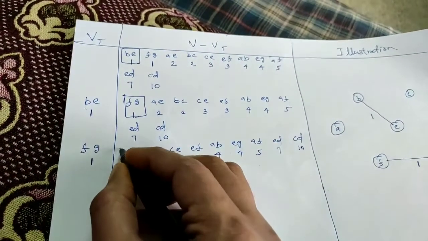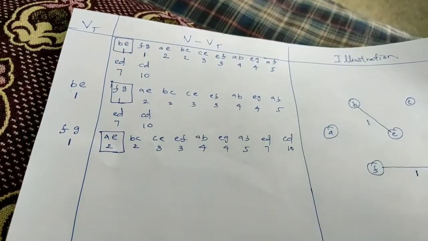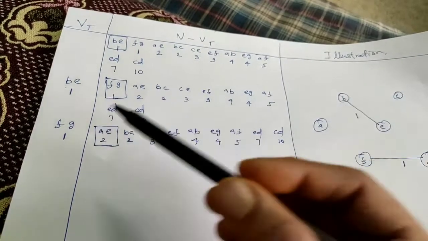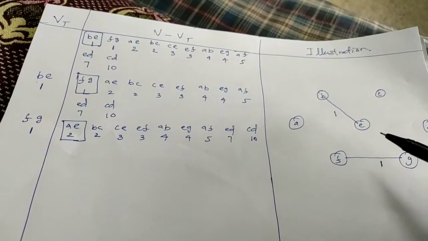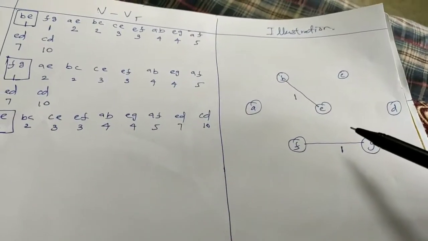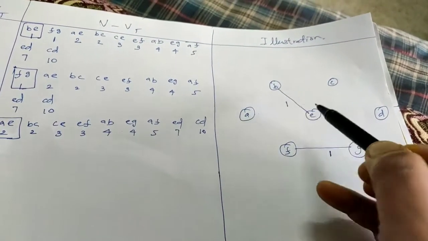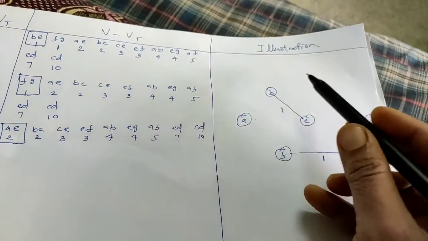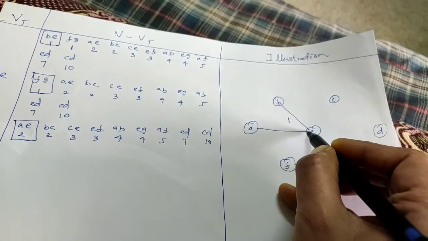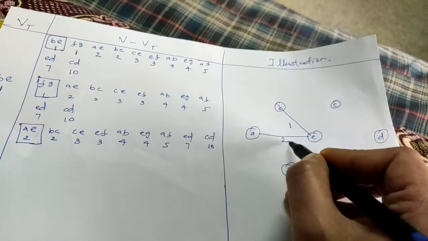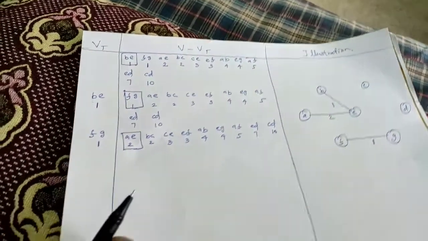Now I am just going to select the third edge in the order. Now if I include the edge AE with weight 2 in the spanning tree, will it form a cycle? See, AE is this edge. If I include this edge here, will it form a cycle in this spanning tree? No. So I can include the edge AE with the weight 2. It will not form a cycle. So again what I need to do?